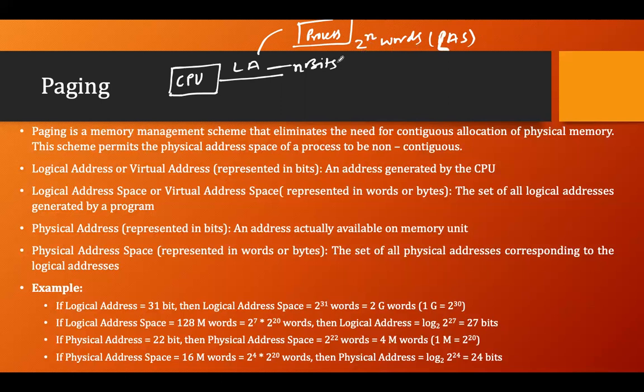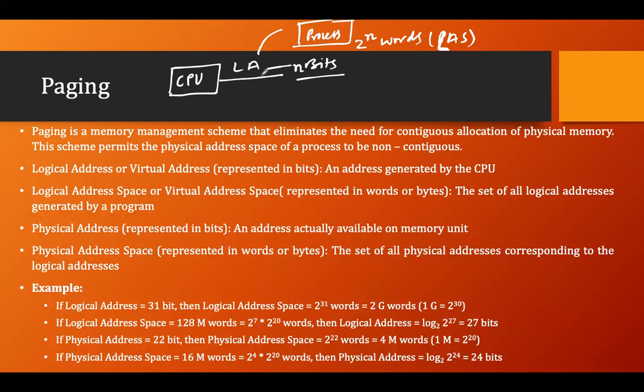We can also convert this to the logical address. How many bits are required for that? If the process is of 2 to the power of n words, it means that n bits would be used to represent the words in the process.